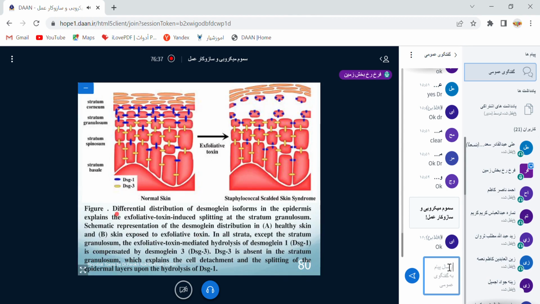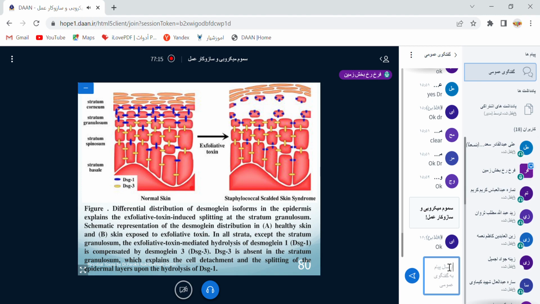Figure: different distribution of desmoglein isoforms in the epidermis explains the exfoliative toxin-induced splitting at the stratum granulosum. Mode of action is stratum granulosum. Schematic representation of desmoglein distribution in A, it is the normal case.